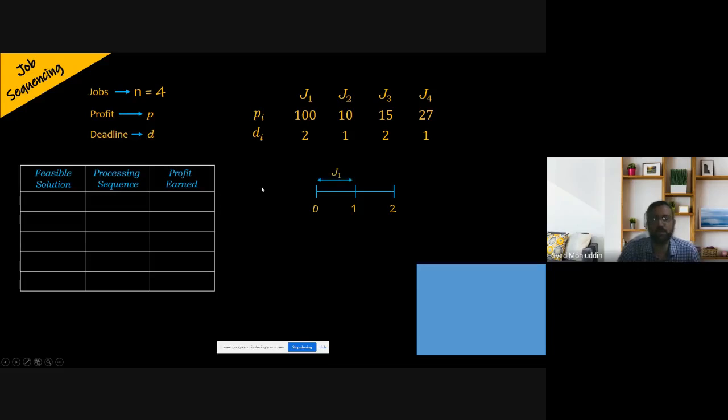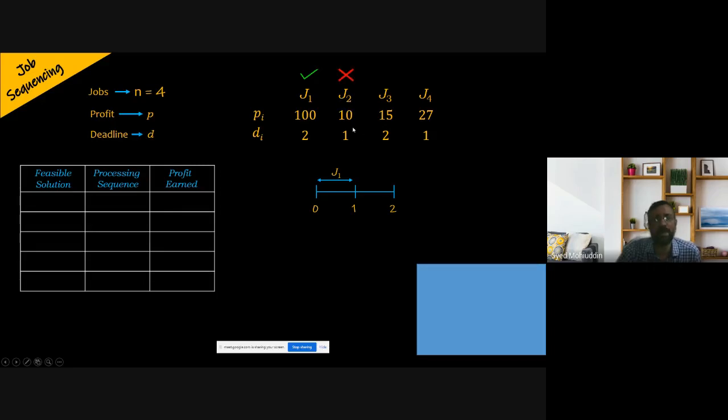Let us look at the first solution. Can we schedule job 1 from 0 to 1? Yes, we can, because the deadline is 2 and it is completed before its deadline. Then can we schedule job 2?